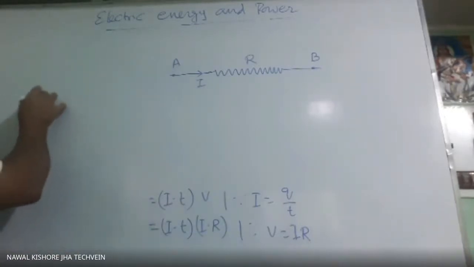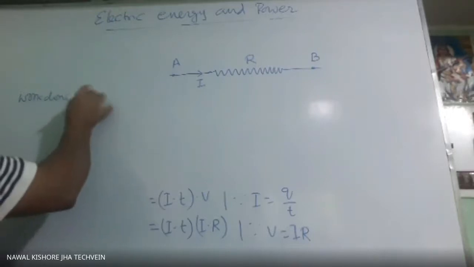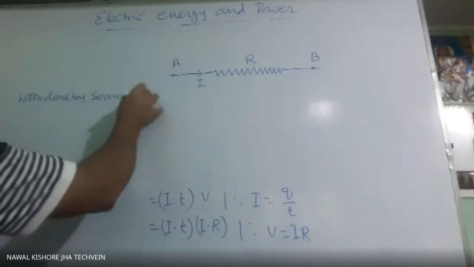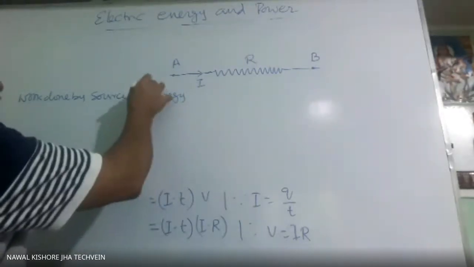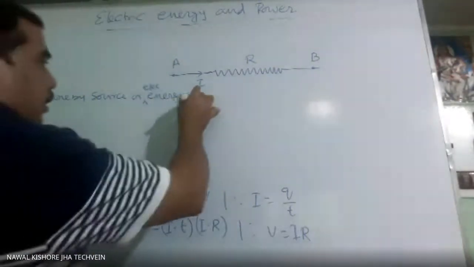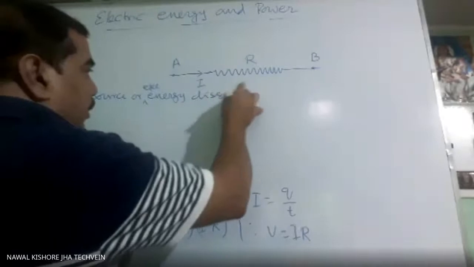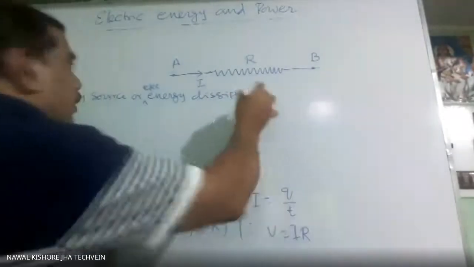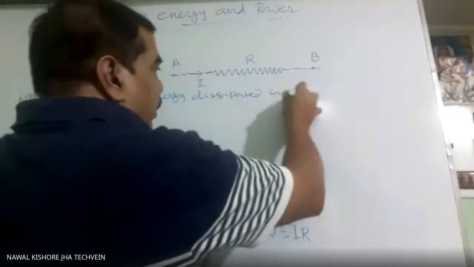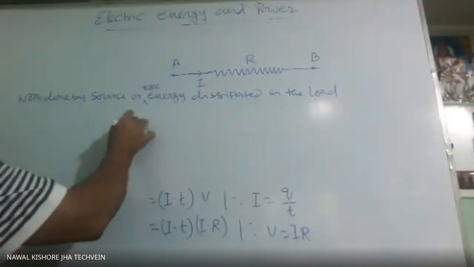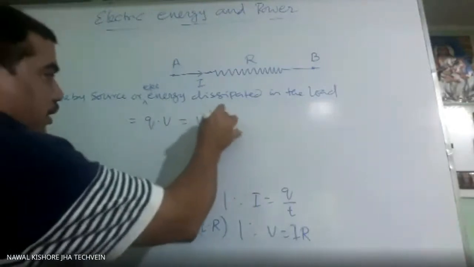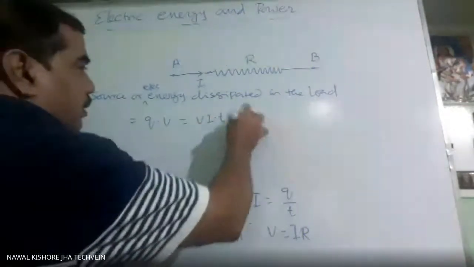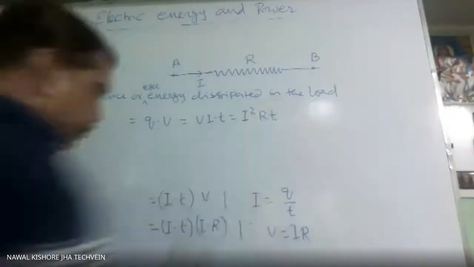So work done by source or energy dissipated, that is electric energy of course. Here we are talking about electric energy only, in the load. This is Q into V, or it may be VIT, or we are getting it is I square RT.